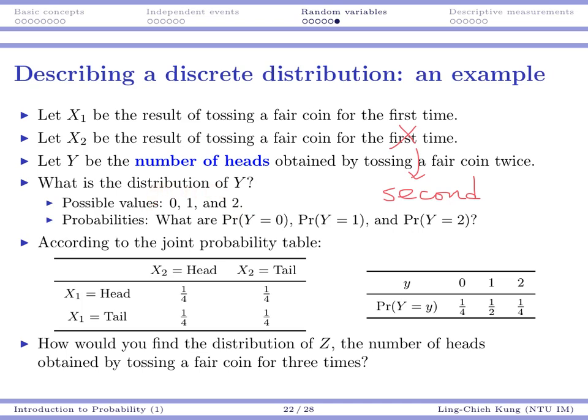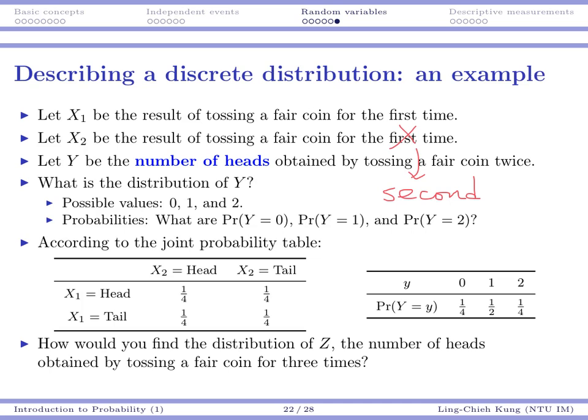How may we find their probabilities? That's a question. For this particular problem, we need to break down into these two more elementary variables. We can say the probability for x1 to be head and the probability for x1 to be tail are both 1/2.